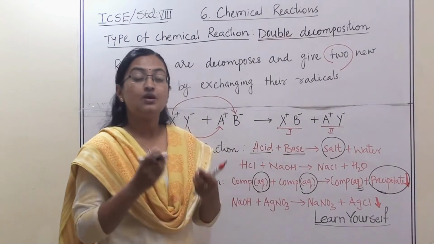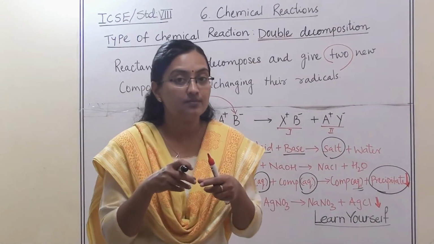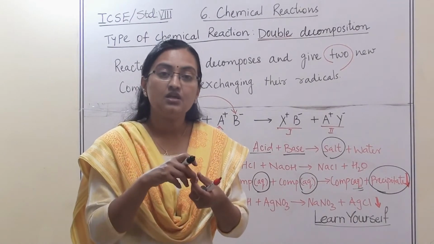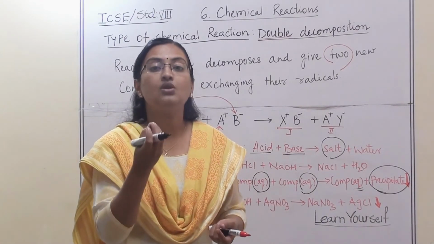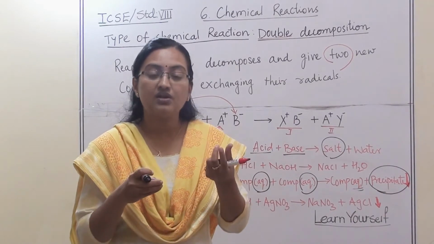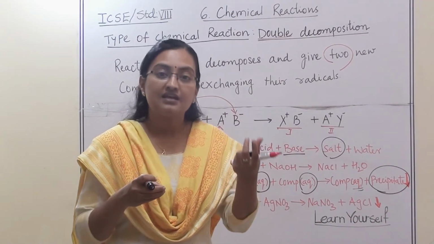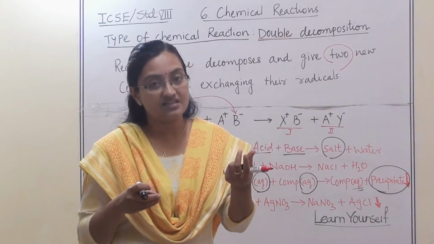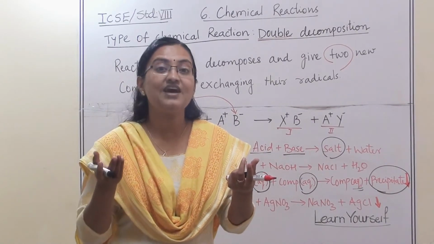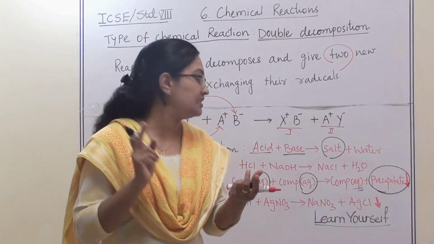That means when you mix two aqueous compounds with each other, you will get some solid compound. And when you filter it, the solid compound will come as a residue, and whatever is left in the solution, the other compound will be there.